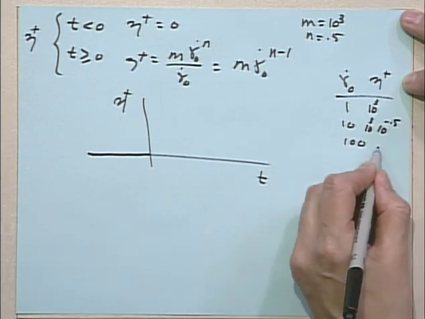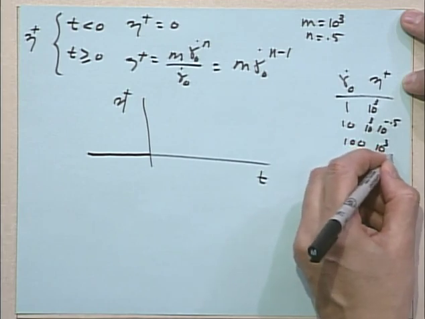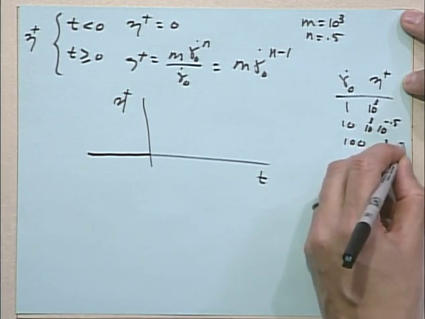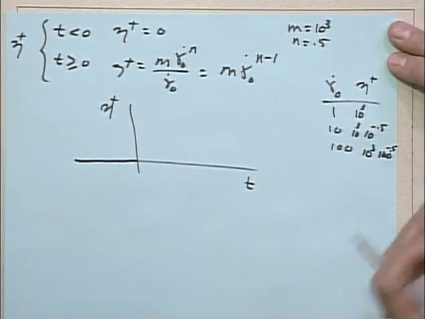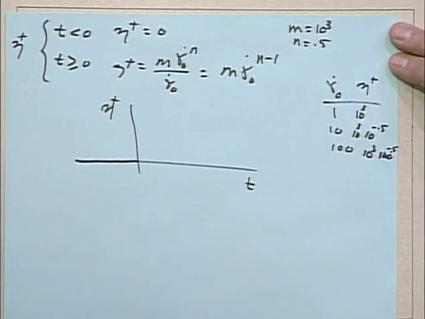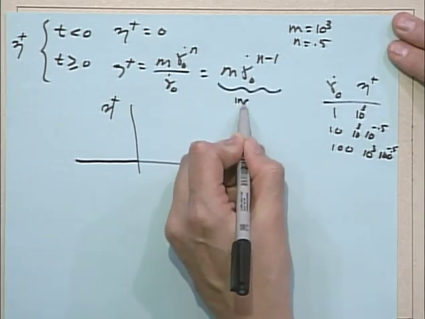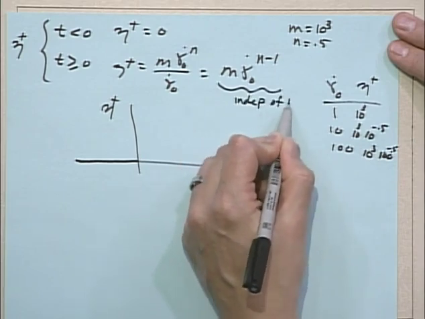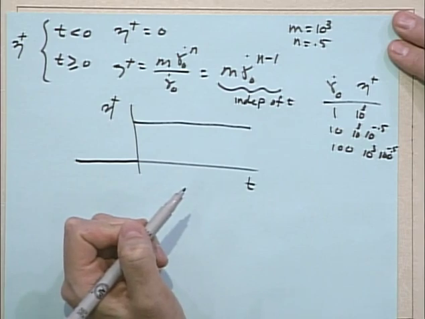And at 100, it's going to be 10 to the third, that's the m, times 100 to the minus 0.5. So you can plot these functions just by putting some representative values in. The bottom line is it's not dependent on time. So whatever number it steps up to, it stays at that value for all times.